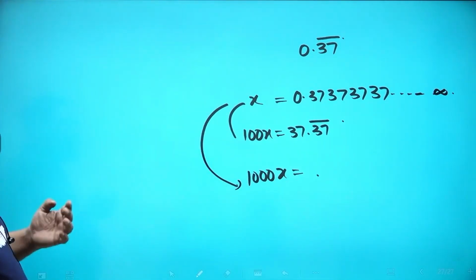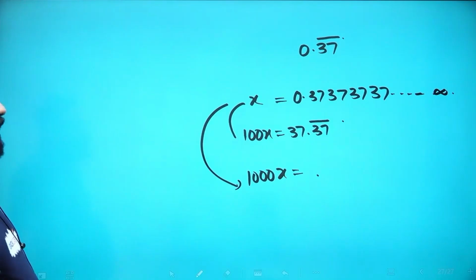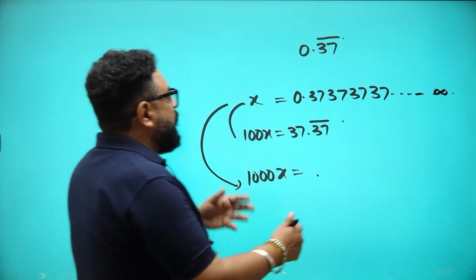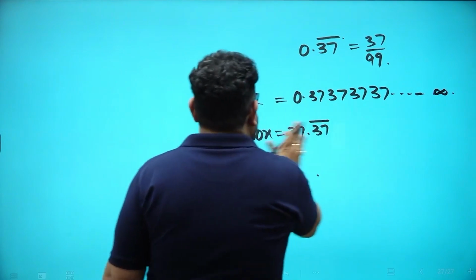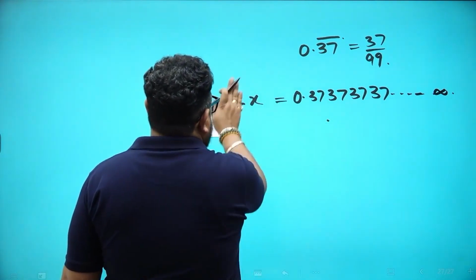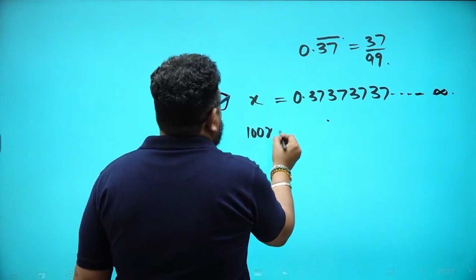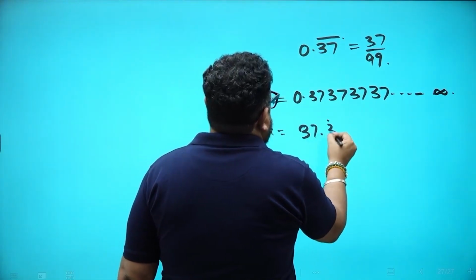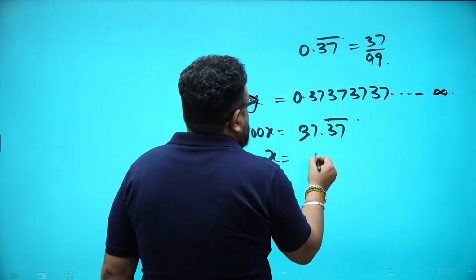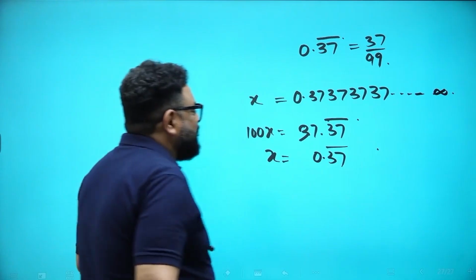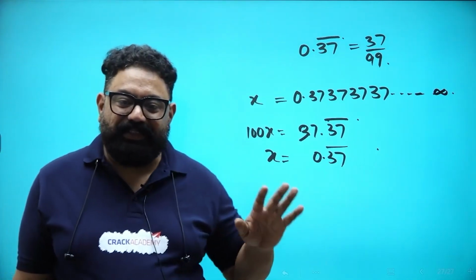So this is again very important, right? Whom to multiply, when to multiply is again a necessary thing to know, isn't it? So see, your answer has to come out to be 37 by 99, isn't it? So don't multiply by anything else, just multiply by 100. 100 times x comes out to be 37.37 bar, and x was 0.37 bar, isn't it? So only 100 was required, 1000 was not required.